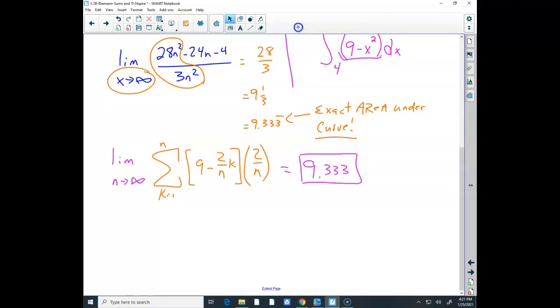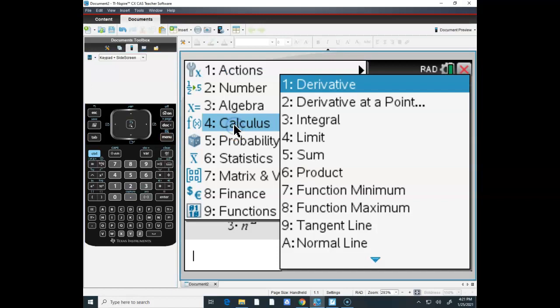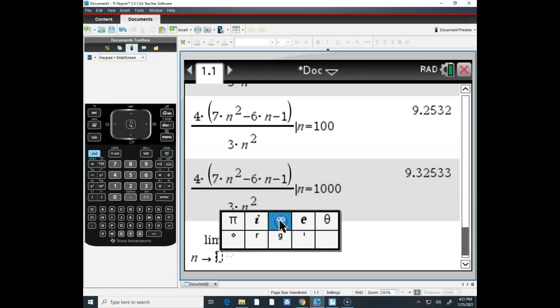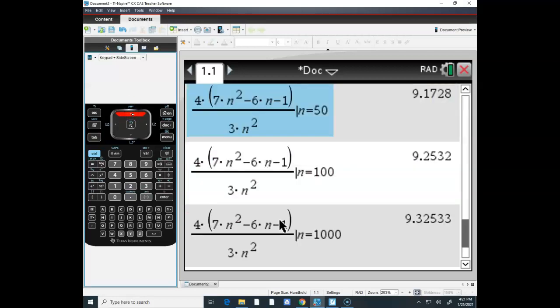Okay? And I can type that, and my calculator will do it for me too. I could even come back here, and I'm going to say menu, calculus. We're going to do a limit as n goes to infinity, which is down here by your pi key, and I'm going to put an infinity in there, of, and now I got to hit a tab, and what I want to do is I want to do the limit, and now I want to find that sum that I did before, and it doesn't matter which one I do.